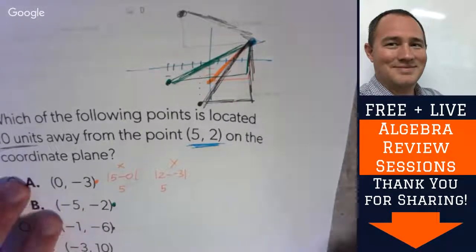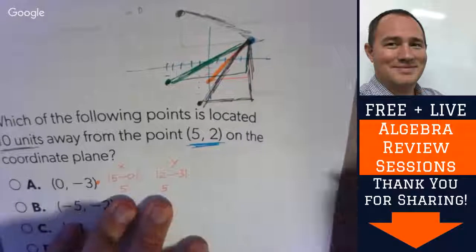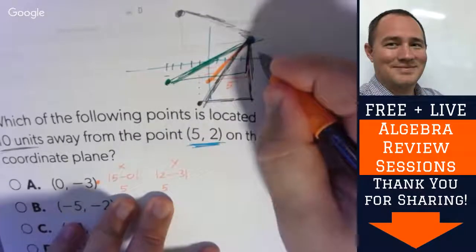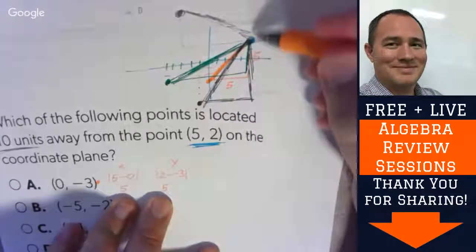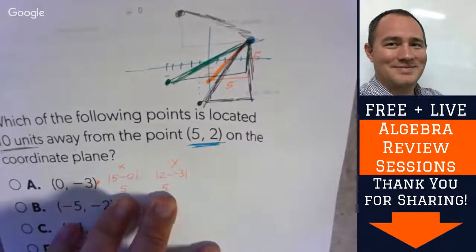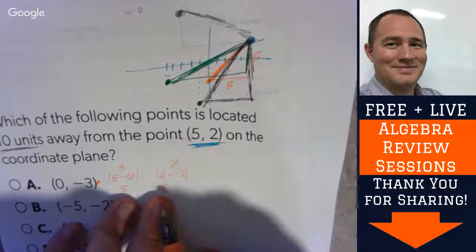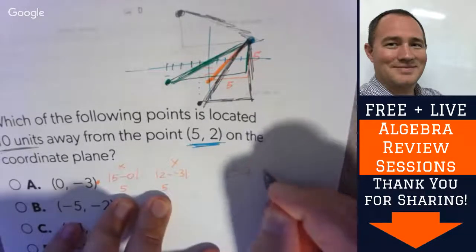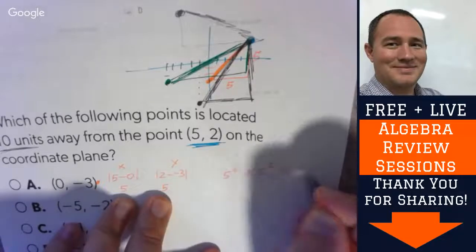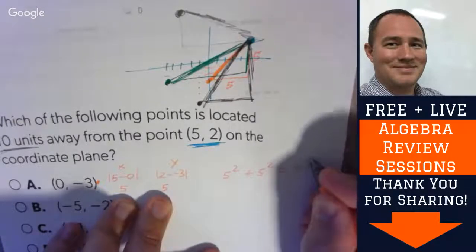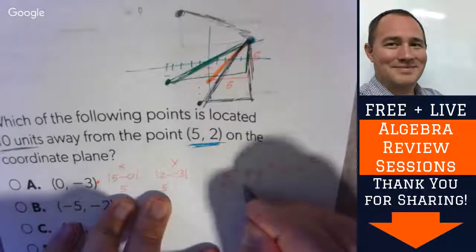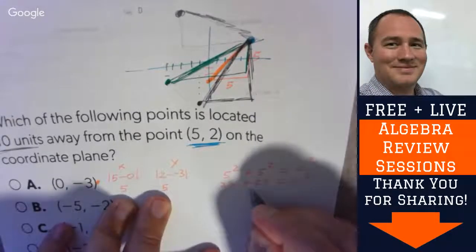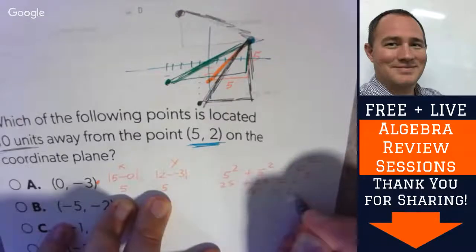Then what we would do is we would take these two sides. So what we're saying is this distance on the orange triangle is 5, and the y portion of that triangle is also 5. So we're going to put those into the Pythagorean theorem. So 5 squared plus 5 squared equals c squared, or 25 plus 25 equals c squared, or 50 equals c squared.